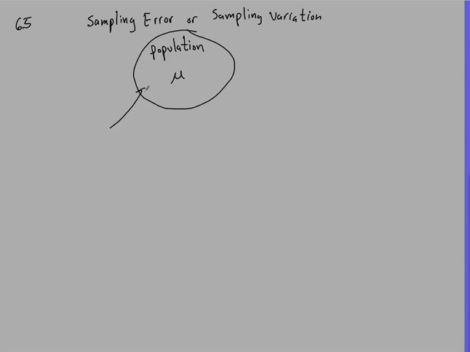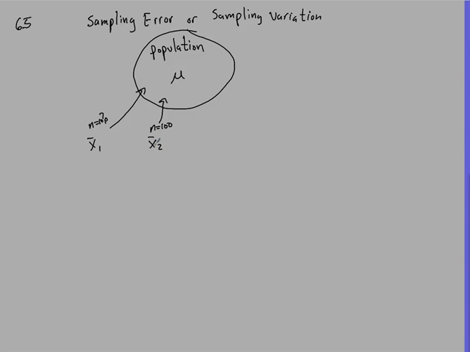Basically, this means if you take a sample of any size, we're going to get an x bar. Call that x bar 1. No matter what size it is, let's just say it's 100. If I reach in and take a different 100, it's not the same sample, so that's going to give me a different number.